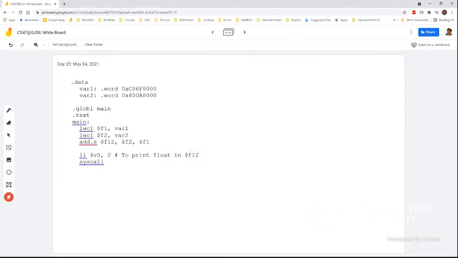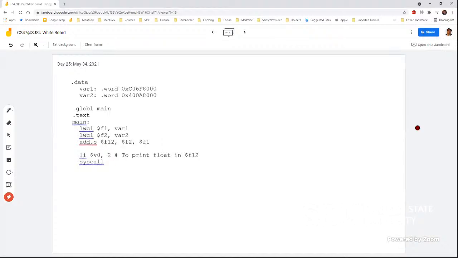Now the question is, at the end of this program, what number will be printed on the terminal? It has to do with printing a floating point number, which is stored in $f12. And you see that the final result is in $f12.